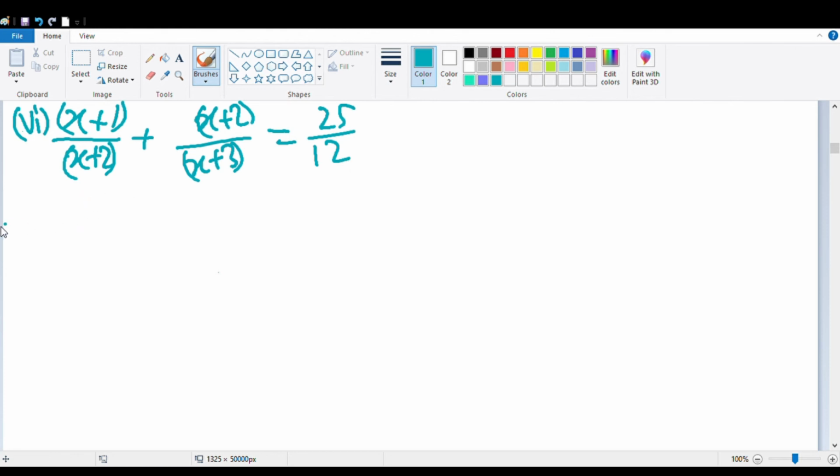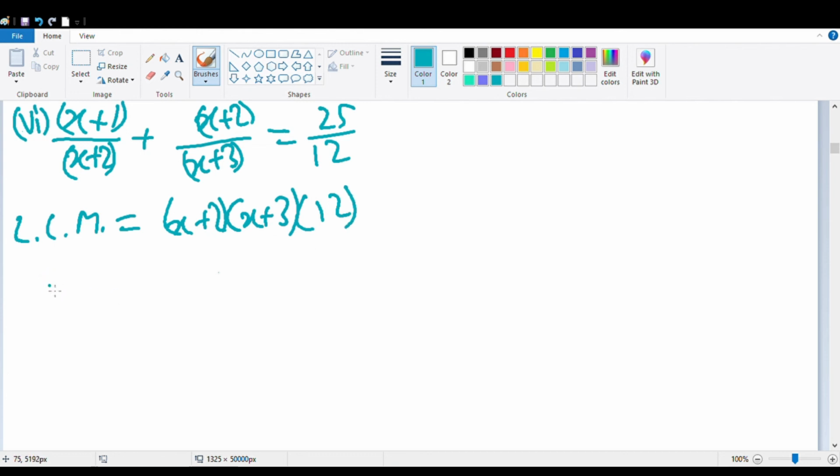So let's take the LCM first of all. The LCM is x plus 2 into x plus 3 into 12. So let's multiply all terms by this.